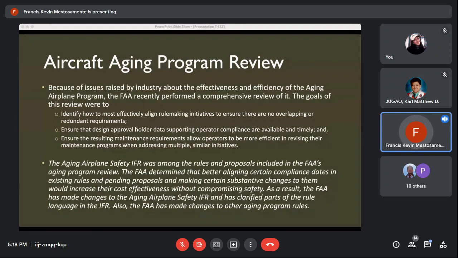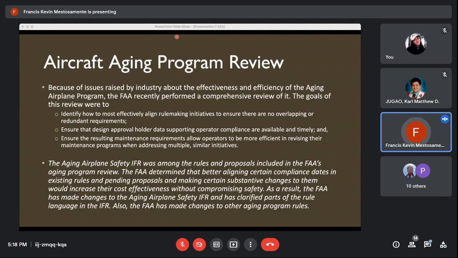Next is aircraft aging program review. With this, nagsimula ang aircraft aging program reviews, sabi ko nga, sa isang turning point event or accident. Yun yung Aloha Airline incident doon sa Hawaii, wherein na-rip off yung roof ng aircraft during the flight due to corrosion na hindi nakita.